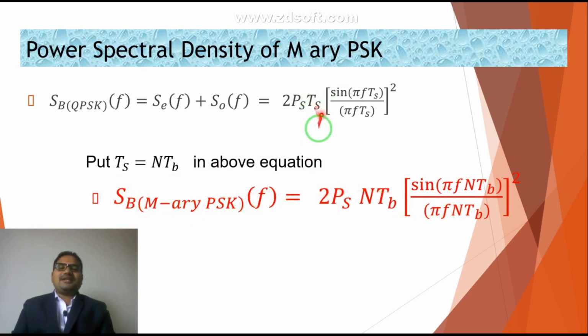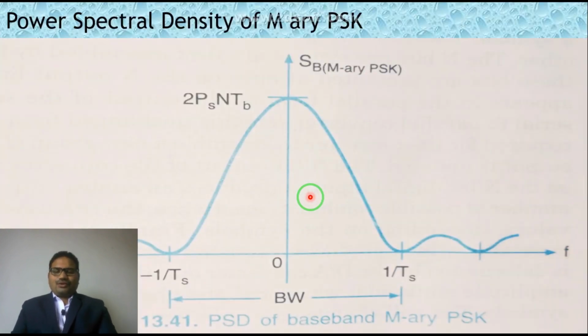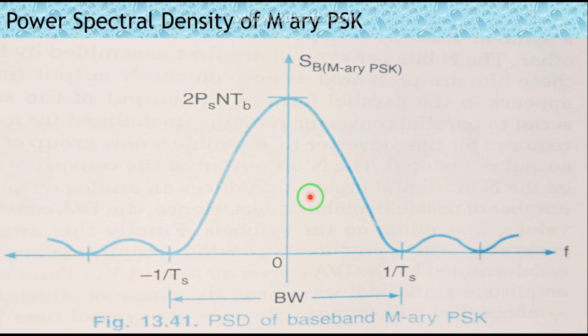So Ts is replaced by NTB. So this is the power spectral density of your M-ary PSK.